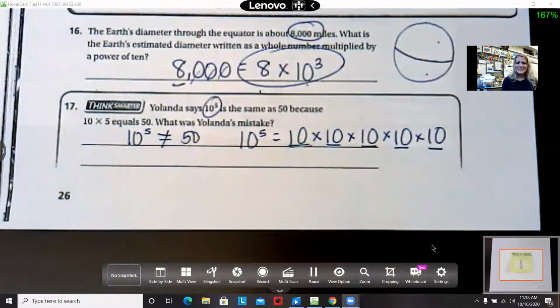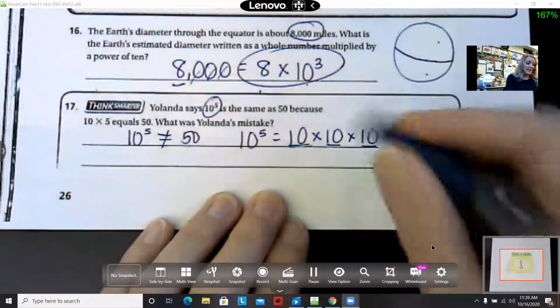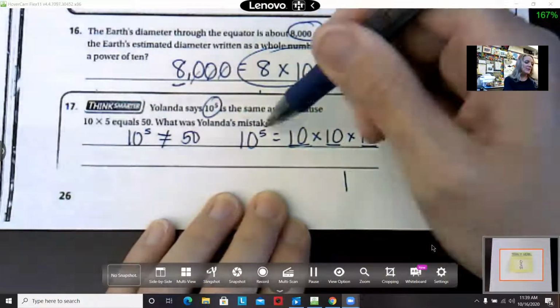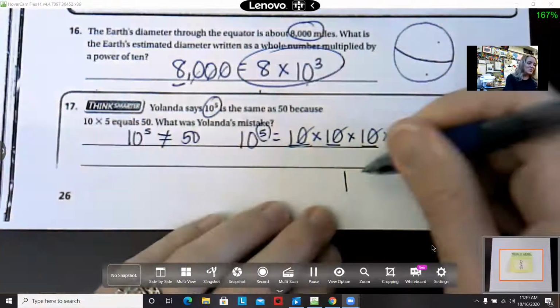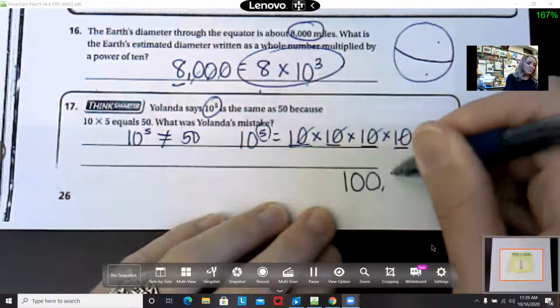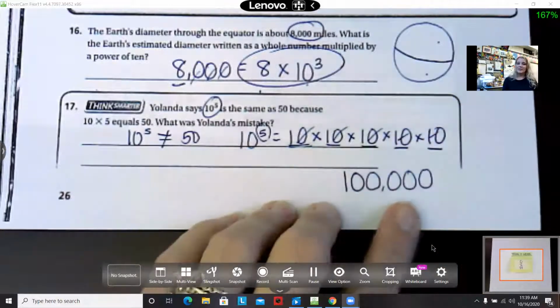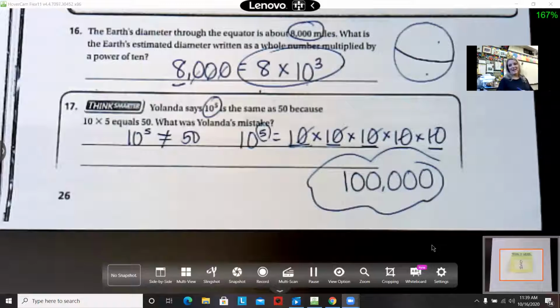So what number is that really? Well, anything times 10 times 10 times 10 is just a 1, and we count how many zeros there are. 1, 2, 3, 4, 5, the exponent tells us. So it's 5 zeros, so we have to write 1, 2, 3, 4, 5. So it really equals 100,000.